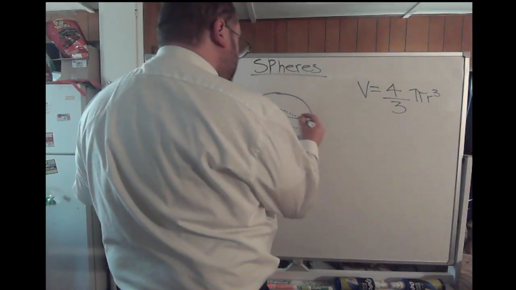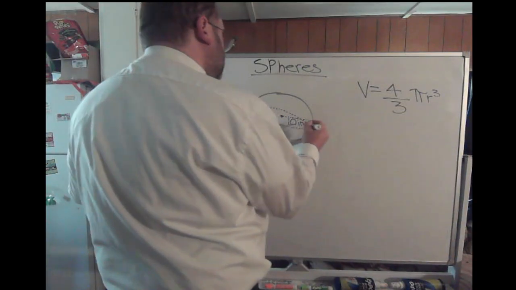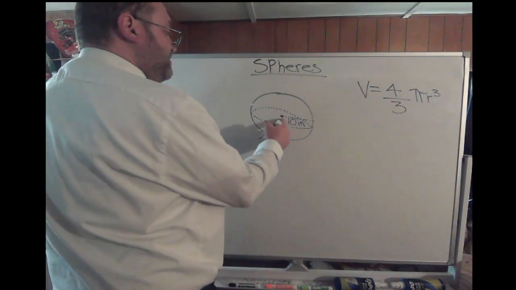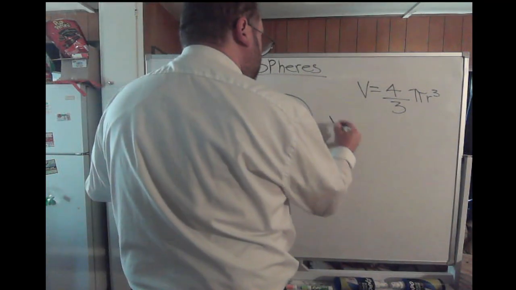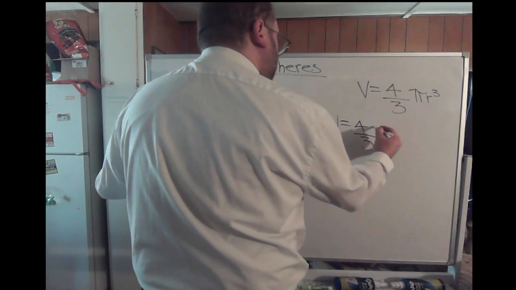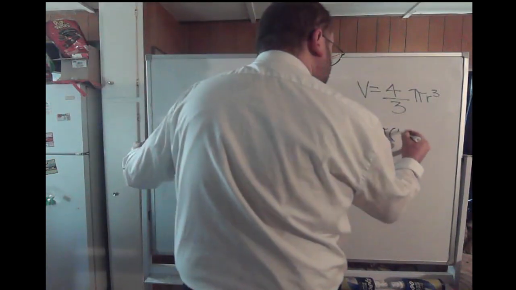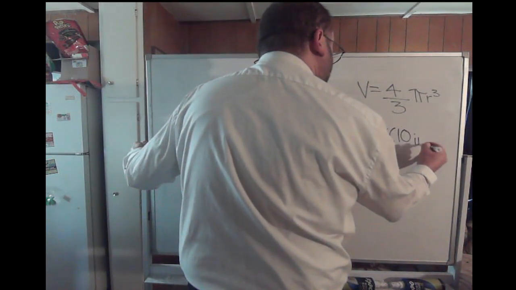Alright, let's say the radius is 10 inches. So the radius of this sphere is about 10 inches. Well, to find the volume, we'll still take 4/3 times pi times that radius of 10 inches set to the third power.